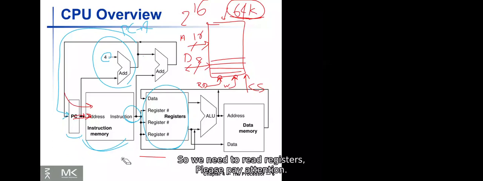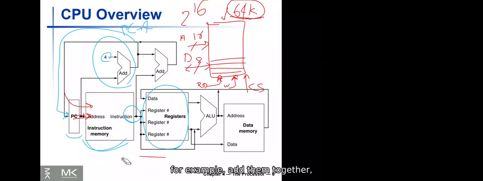So we need to read register RS, please pay attention, and read register RT, and then, for example, add them together, and the value should be stored in register RD, okay? That was the operation, the instruction.